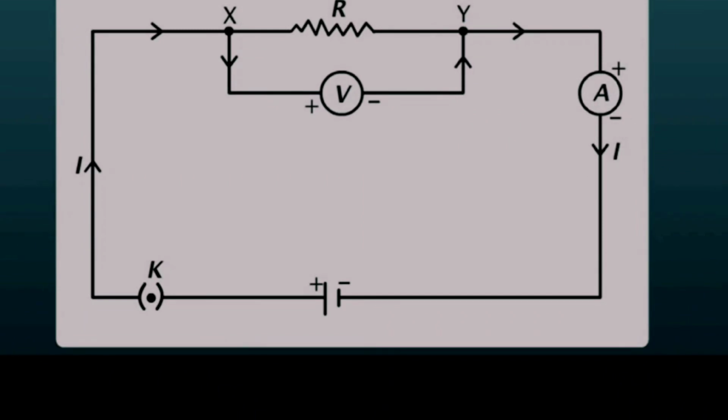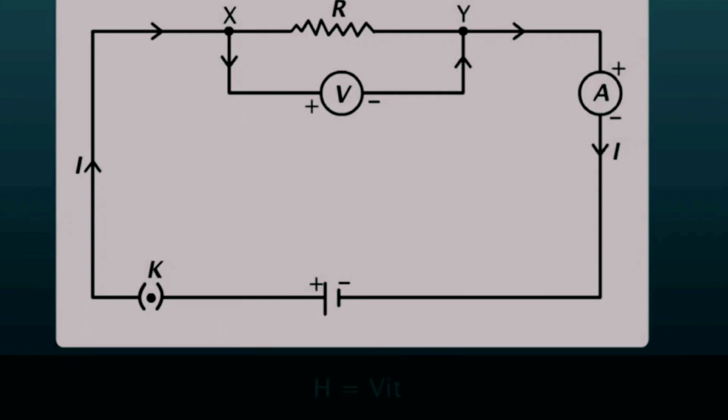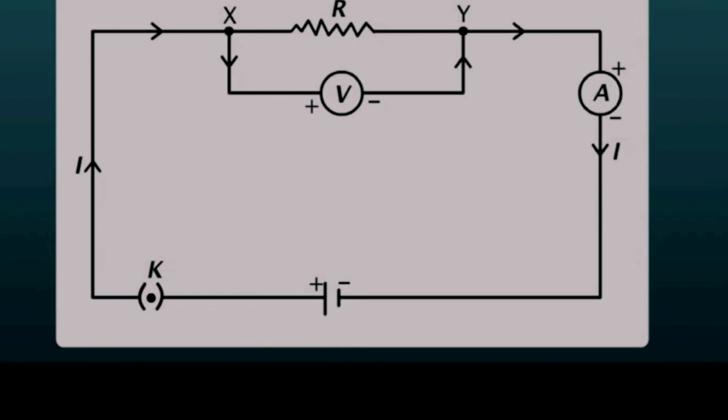Also, the amount of heat produced in time t for current I will be H equals VIt. As we know by Ohm's law, V equals IR, we get heat produced as I squared Rt. This is Joule's law of heating.